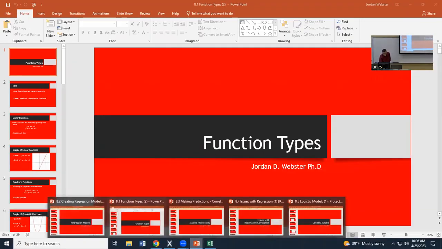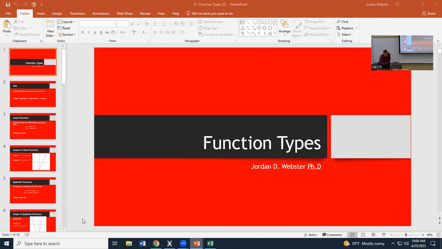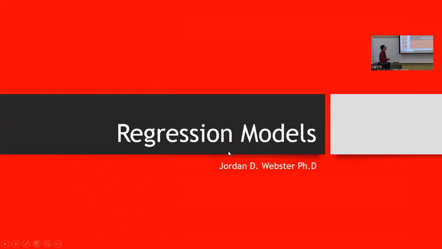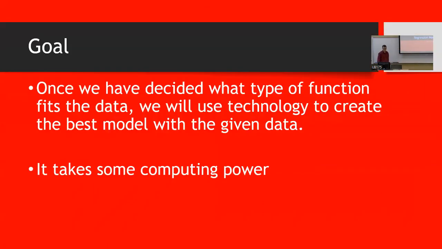So once we recognize those types of functions, now we go on to actually creating the regression models. Essentially, once I identify what type of function it is or what situation, then I'm going to turn to some technology to build the model that best fits the data.